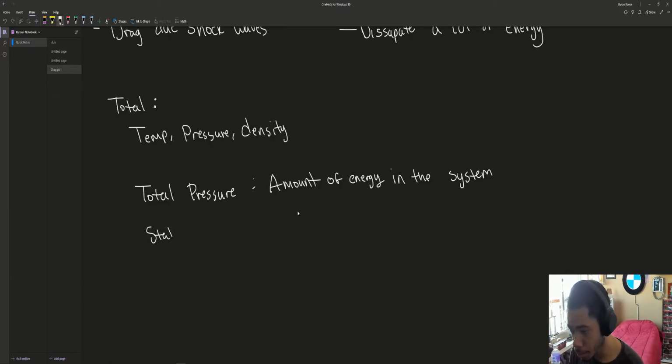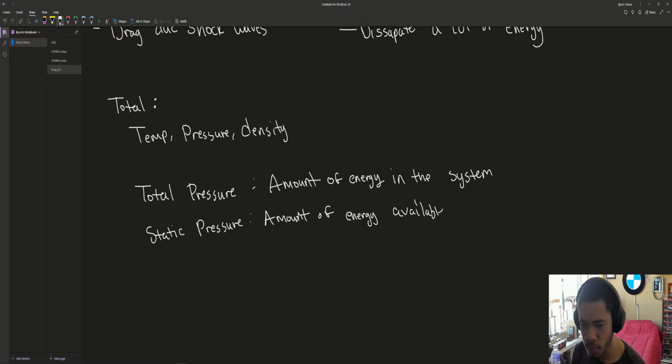The static pressure is the amount of energy available for use.